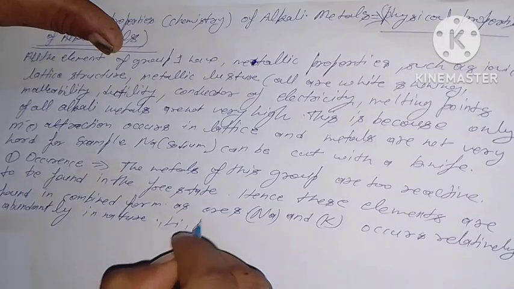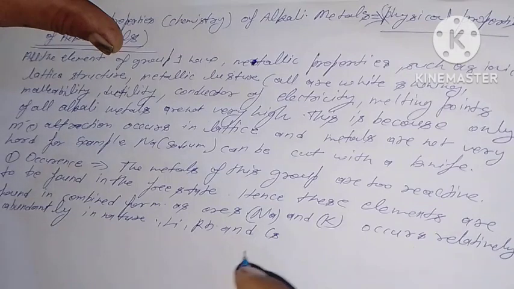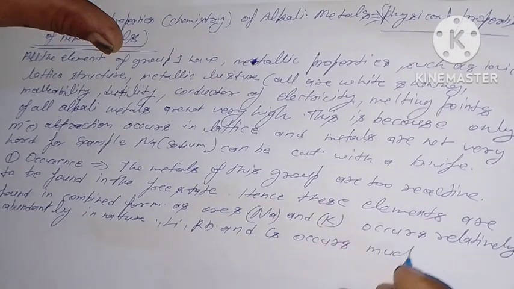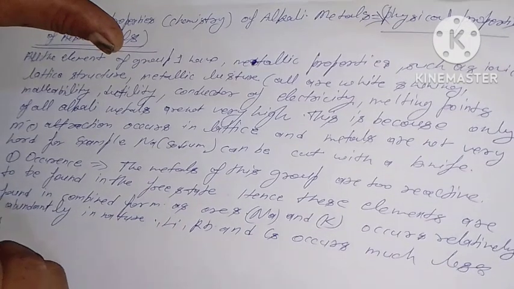Lithium, rubidium, and cesium occur much less abundantly.